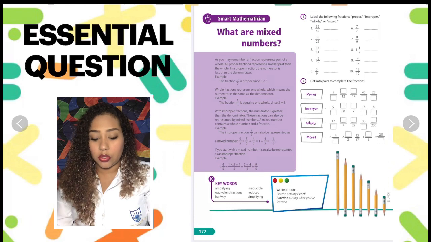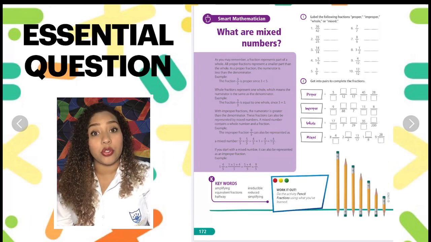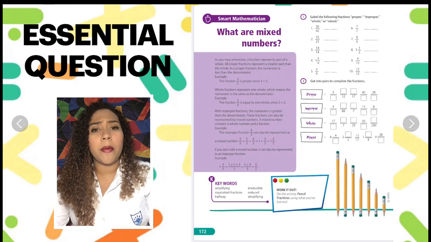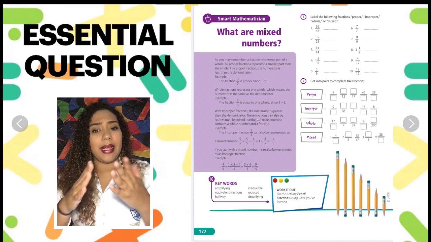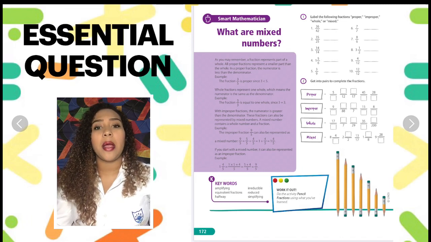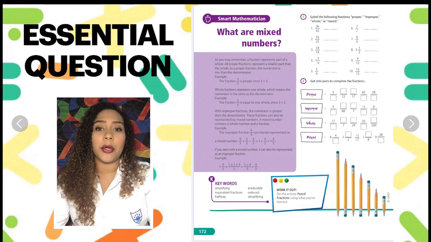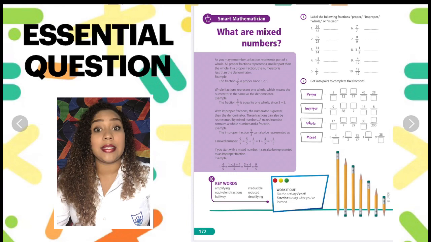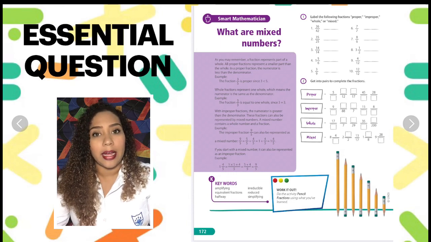So well, let's start by looking at this essential question. This is our first open question, and it says, what are mixed numbers? Can numbers be mixed in a way? How is this possible? Well, mixed numbers, they're talking about fractions. Remember that we can see fractions in our daily life.